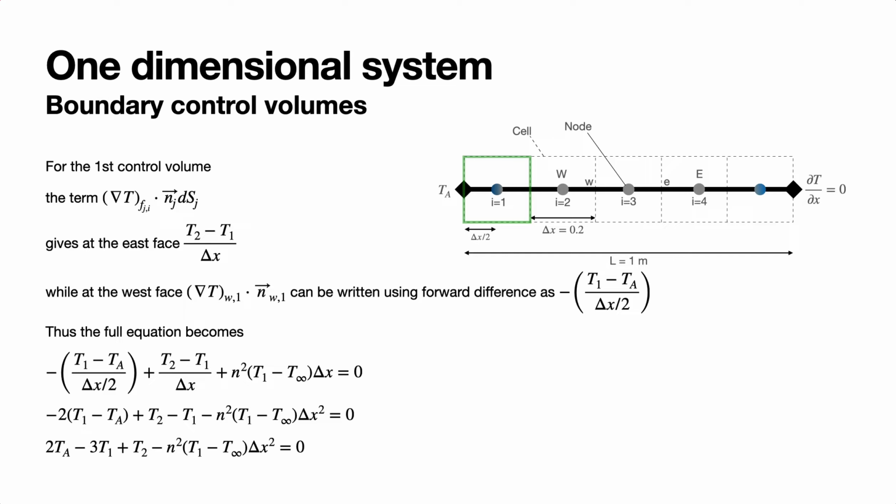And then finally we can write an equation for T1 as well. Here we can see the effect of boundary condition coming in because of Ta.